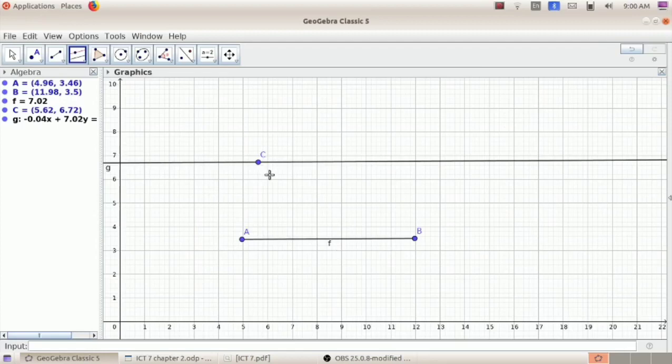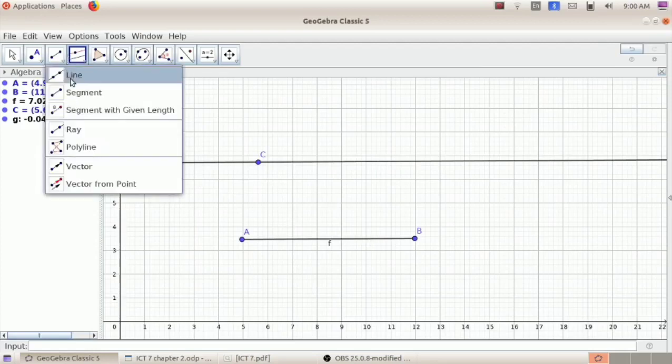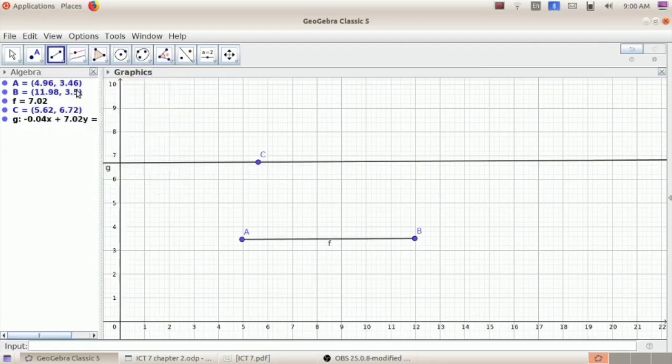Now we have to draw another line that intersects these two parallel lines. For that, again select the segment tool, then draw a line segment which intersects these two parallel lines. For that, click at a point, move the mouse and click at another point. Now we got a line segment that intersects these two parallel lines.